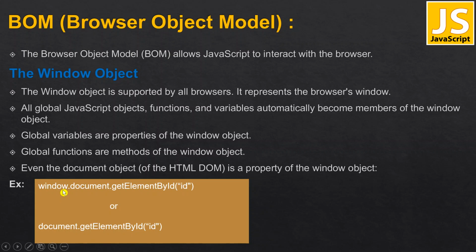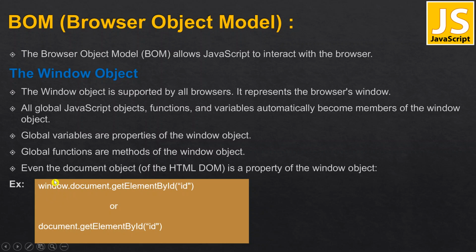Normally we exclude this window dot, because it's implied. That's why in many coding parts we have excluded the window. So we can write it like this, or simply like this: document.getElementById.